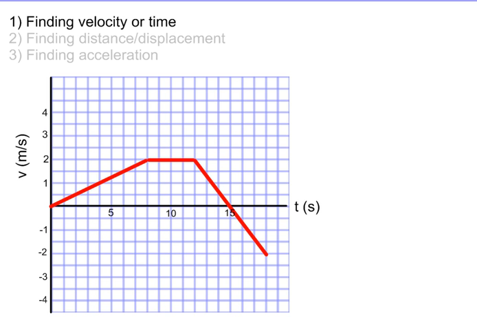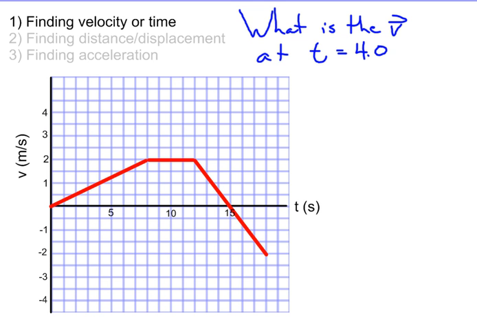Let's start with velocity or time. And we'll start with an example. Let's say our question is, what is the velocity at a time equal to 4.0 seconds? In order to answer this question, we'll first identify at what point on our x-axis is 4 seconds.